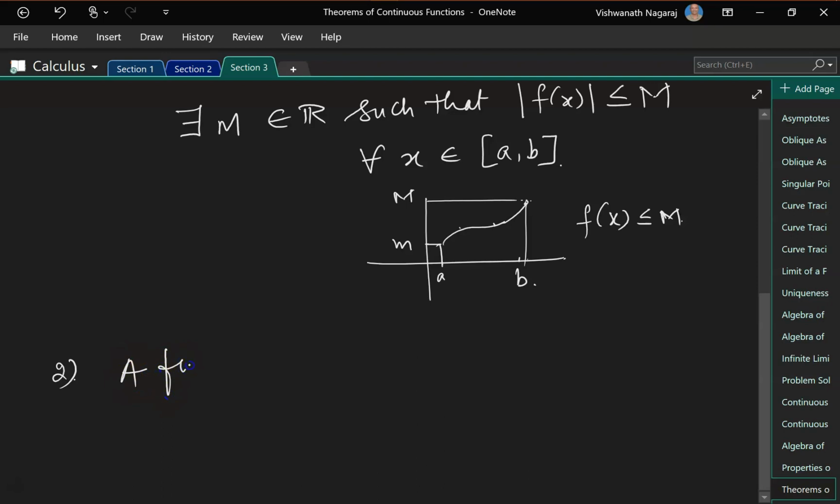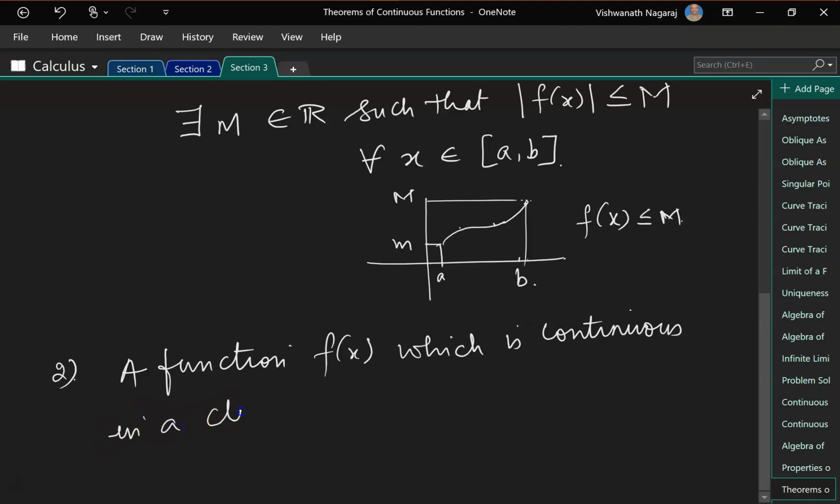A function f(x) which is continuous in a closed interval attains its bounds.